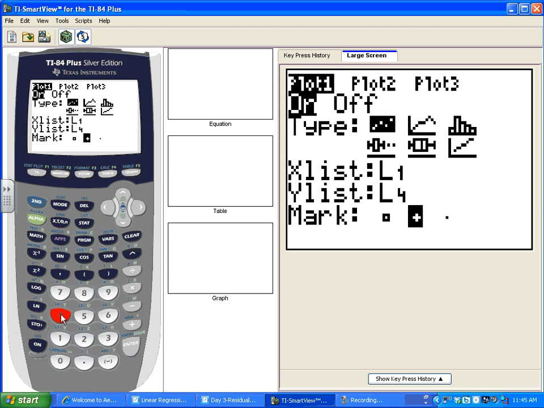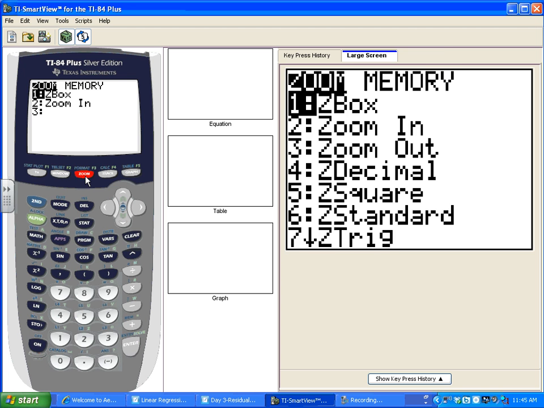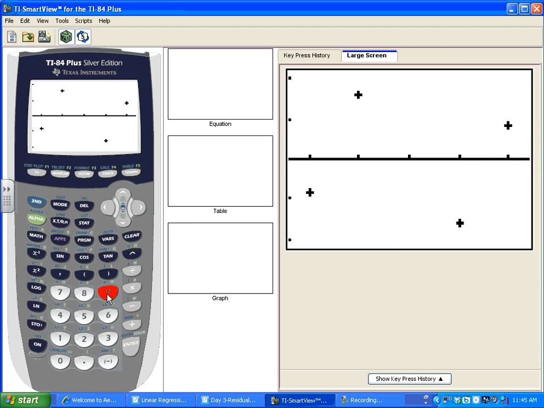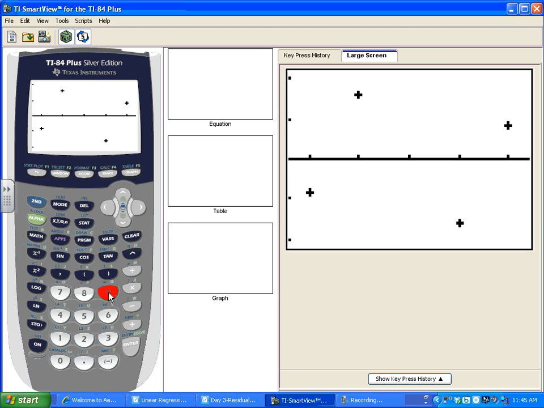So we're going to go ahead and exit out of that. Make sure you re-zoom stat that, because you're going to have different boundaries. Zoom stat, zoom 9 after you've got that set.